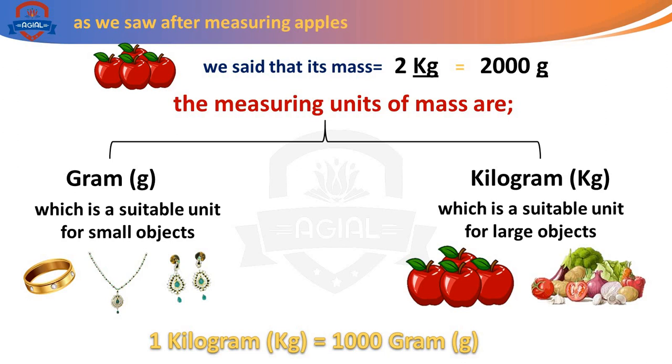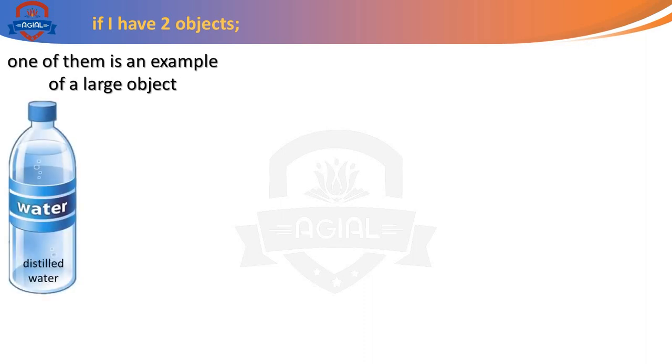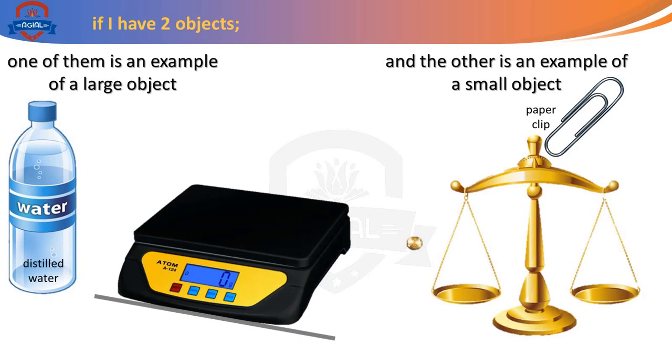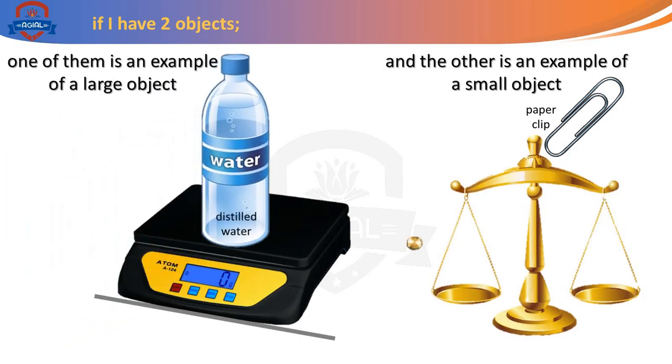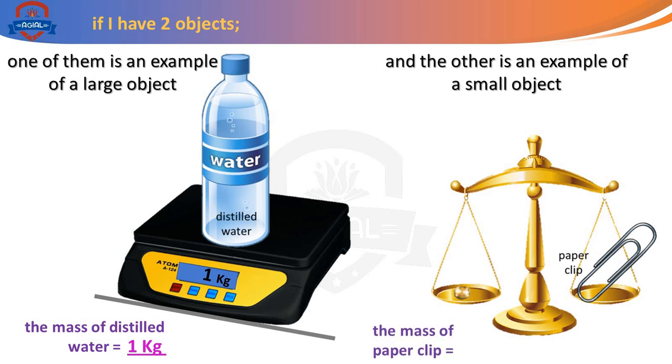Let's see how. If I have two objects, one of them is an example of a large object like distilled water, and we have another object which is a small object like a paper clip. We will measure the mass of the distilled water and we find it equal to 1 kilogram. Then we will measure the mass of the paper clip and we will find it equal to 1 gram.